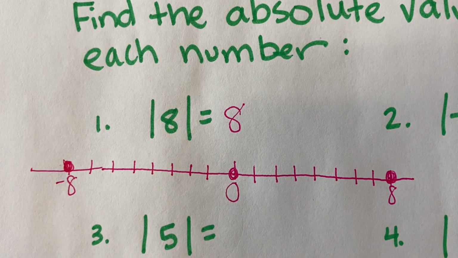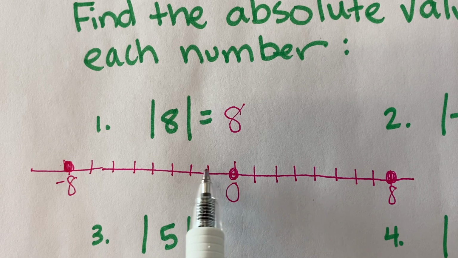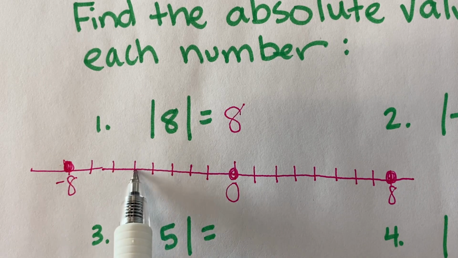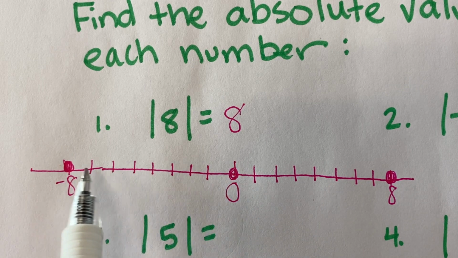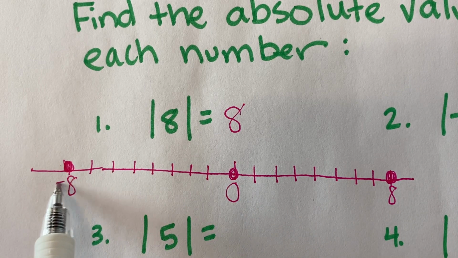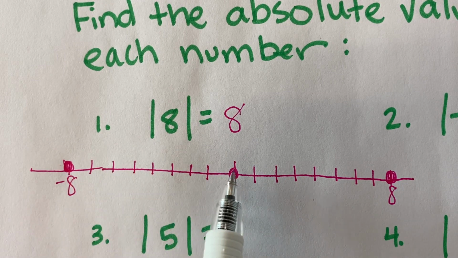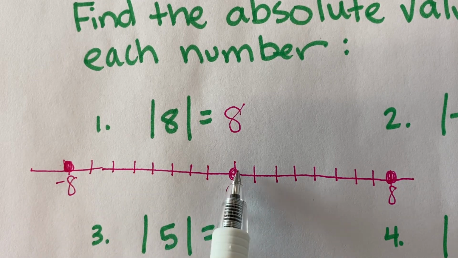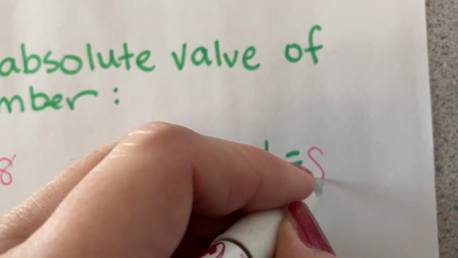Okay, what's the distance between them? Let's count. 1, 2, 3, 4, 5, 6, 7, 8. I know we're going to the left, right? That's why that negative's there. But the distance is still just 8. The distance between them is still just 8.